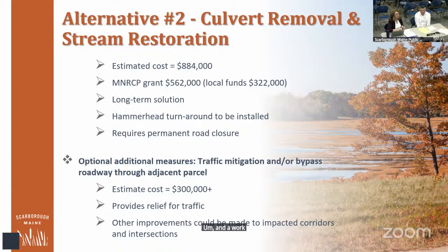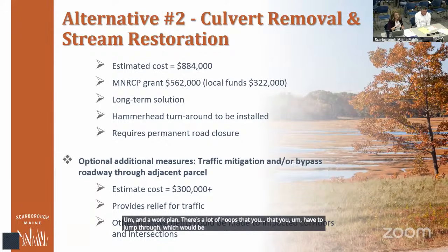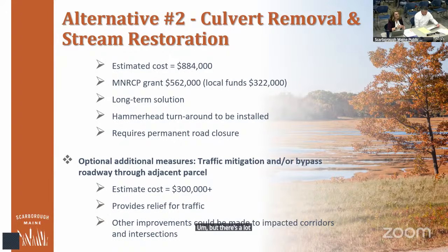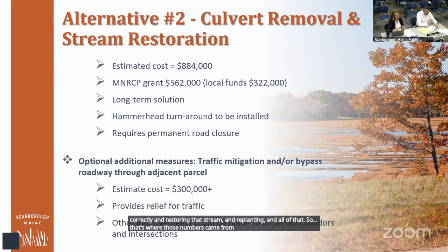There's a lot of hoops that you have to jump through, which would be funded through the grant, and that's where that cost comes from. It does look absorbent when you think, I'd just go out there and rip out a culvert, but there's a lot more to it when you go through how you should do it correctly, restoring that stream and replanting and all of that. So that's where those numbers came from. It's really following the guidance of how they would develop a work plan around it.